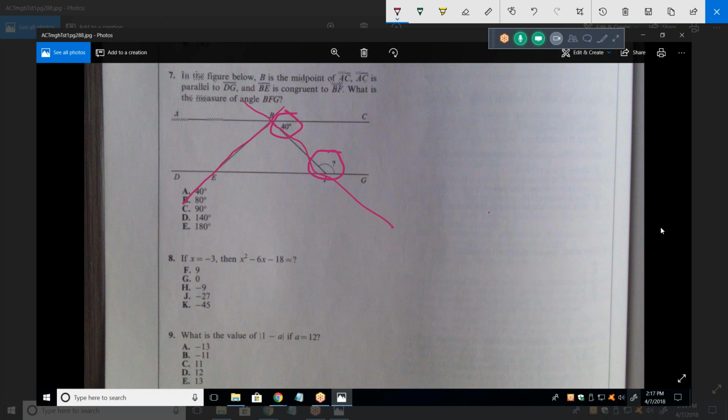Not what's the difference, what's the relationship? Oh, they all equal 180. Exactly. When they're added together, they equal 180. So, what's the answer for this one? 140. So D. That's simple.